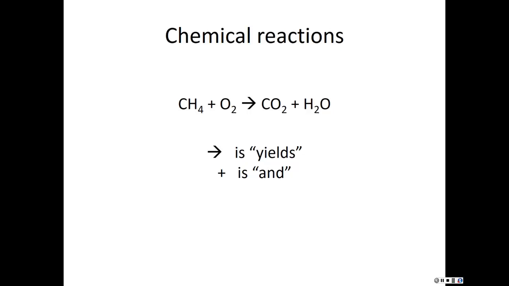So let's look at another one here. Let's say FeO2 plus 2 Cl2 goes to FeCl2 plus O2. So when I'm writing this in English, what I would write is iron.